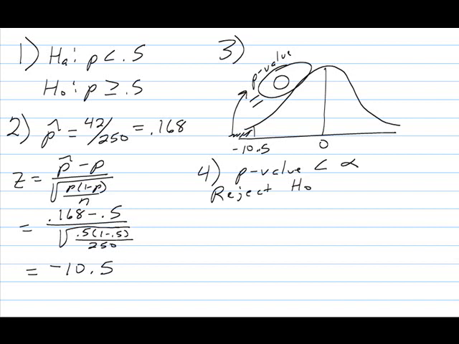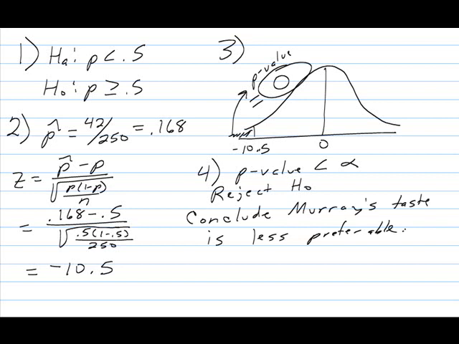So therefore, we can conclude that Murray's is less preferable. And in this case, we are 95% confident of this conclusion because our alpha is 0.05.